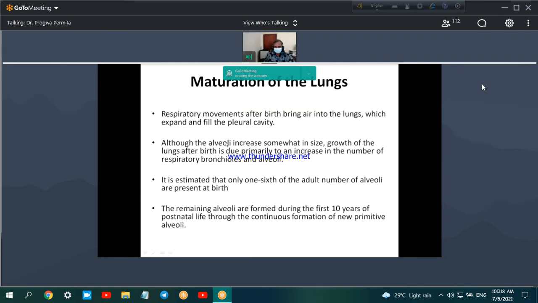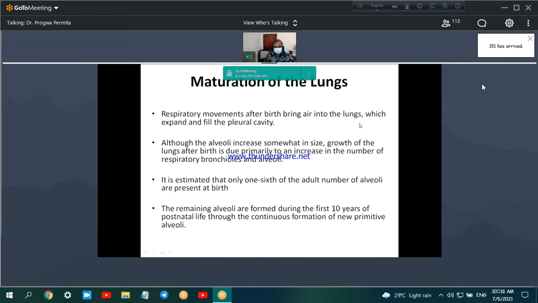Respiratory movements after birth bring air into the lungs, which expand and fill the pleural cavity. The baby cries, and respiratory movement occurs steadily after birth.